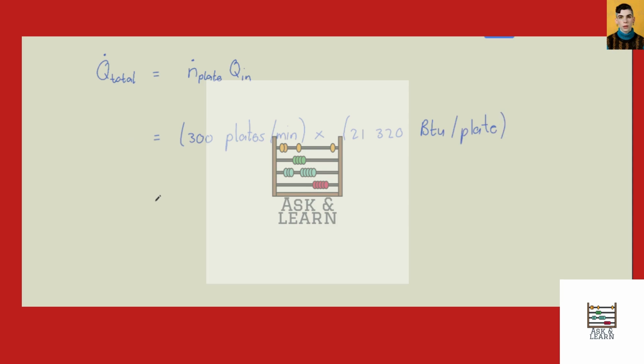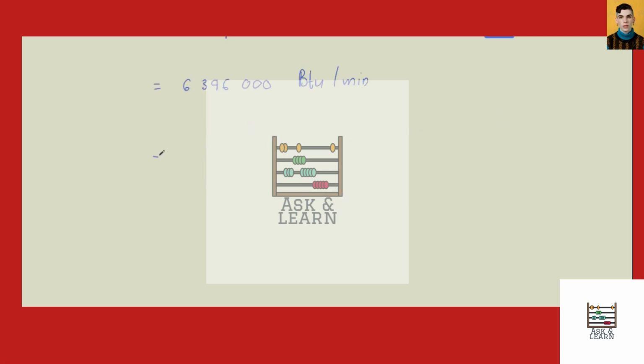And so we get the rate of heat transfer to the plates to be 6,396,000 BTU per minute. So converting to more standard units, this becomes 106,600 BTU per second.